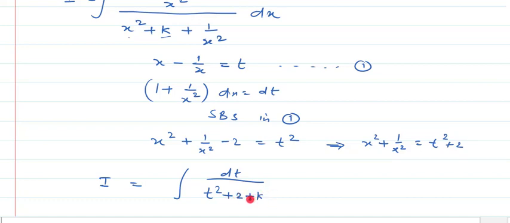K is again a constant, so it will be of the type dx upon x square plus a square. And you know very well the identity of integration: dx upon x square plus a square is simply 1 upon a tan inverse x upon a. It may also happen that instead of a plus sign you have a negative sign, because k is a constant.